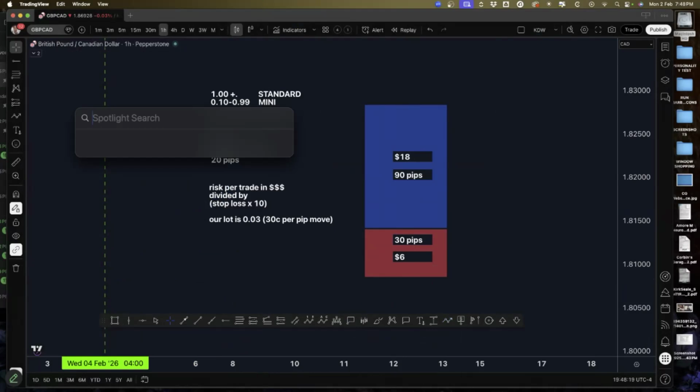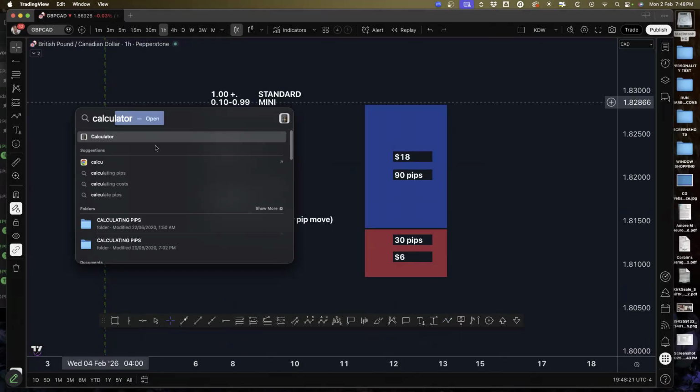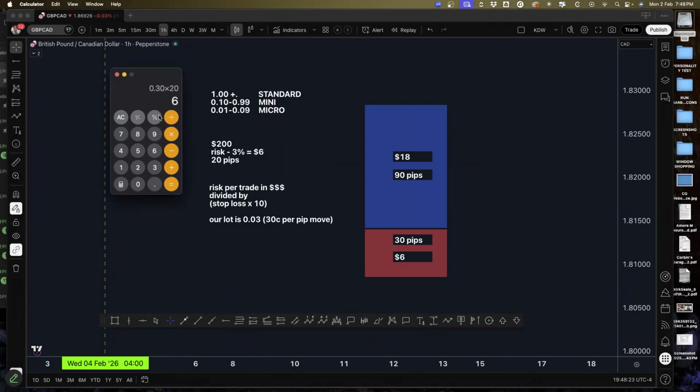You can type it in the chat if you already have it. 6 divided by 300 is 0.02.